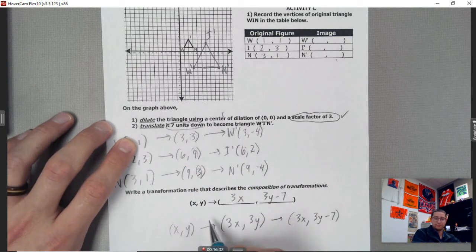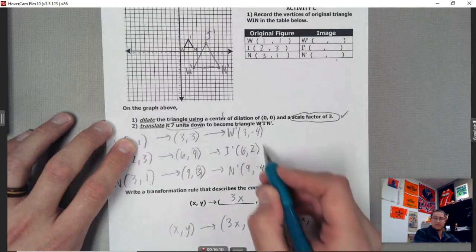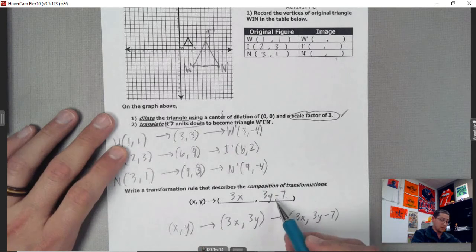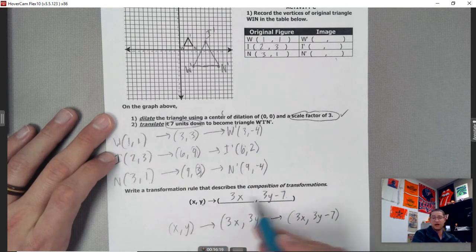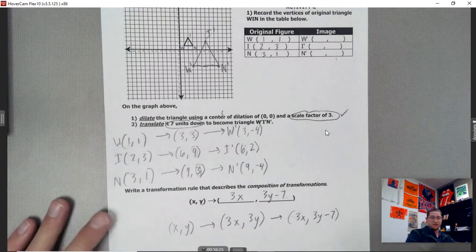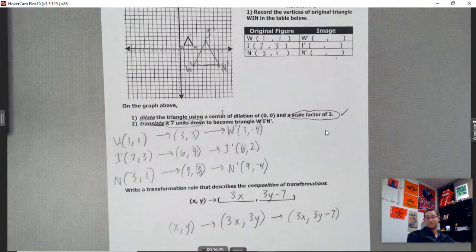And then I take my y, and after multiplying by 3, right, so this is 1, 3 times 1, that's still 3, and then 3 minus 7, that's going to give me that negative 4, so that does check out. So you could theoretically, once you have that rule, plug everything in directly and get out this. That's what the rule is for, right? You can use it as an input, and then the output is going to be your final product and those final coordinates, okay?